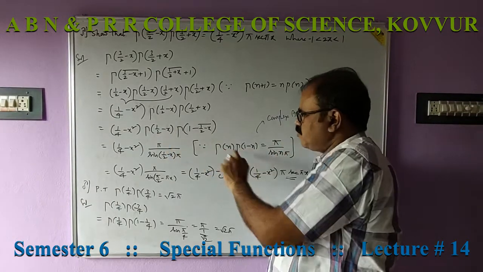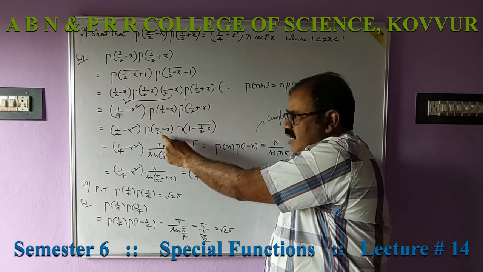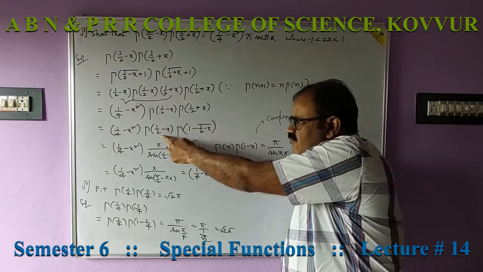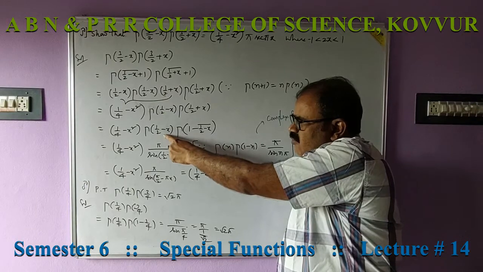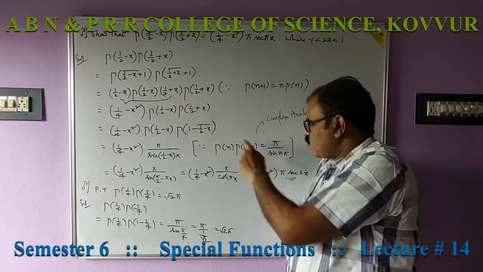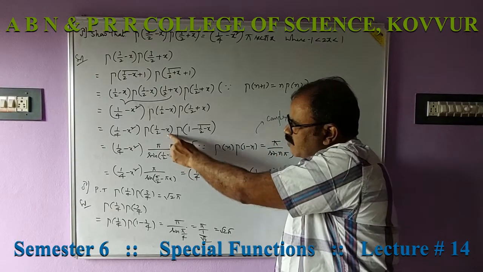In place of n, you have 1 by 2 minus x. This is gamma 1 by 2 minus x into gamma 1 minus of 1 by 2 minus x. So by applying this formula, what you have is pi by sine n pi, with n as 1 by 2 minus x.